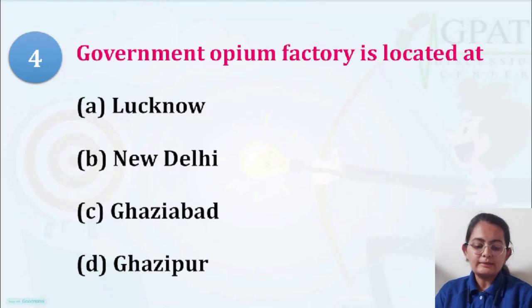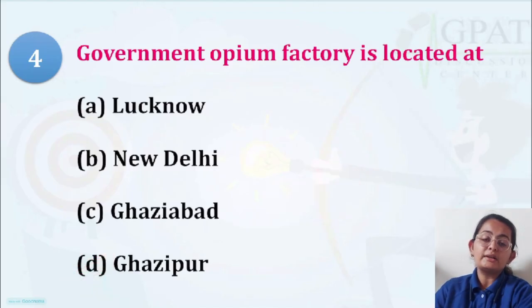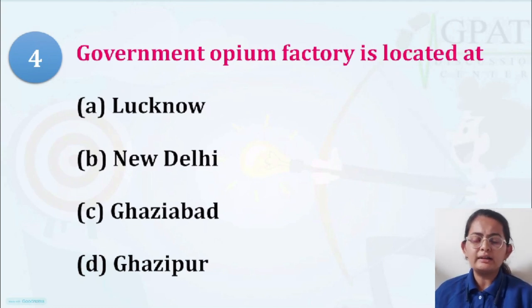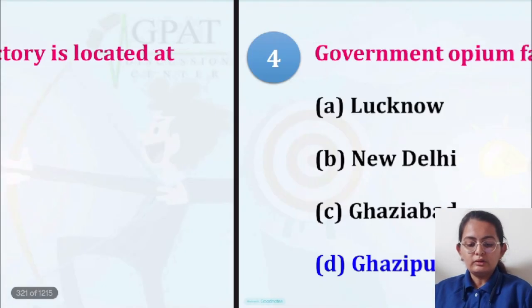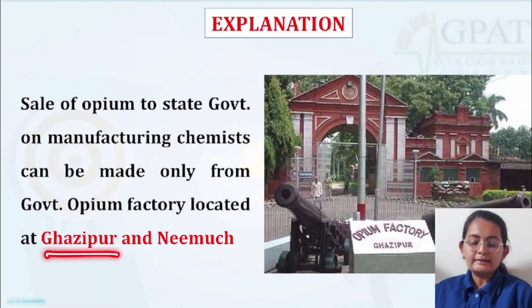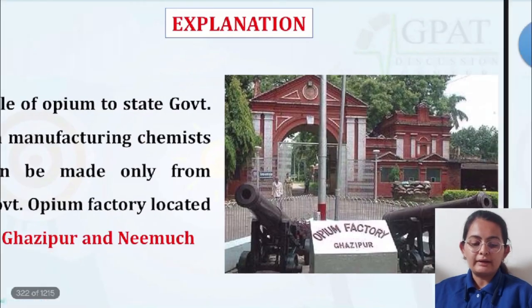Ghazipur is one, and the next is the Neemuch factory. These are the only two government-approved factories for opium-related cultivation and production of medicines. So both of them are the correct answer. Do remember Ghazipur and Neemuch are these two particular factories.